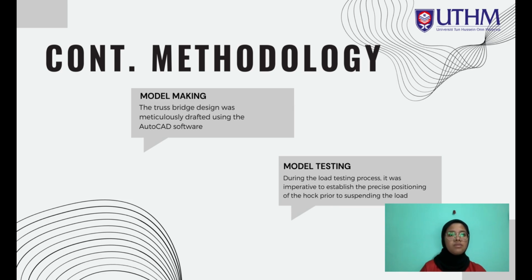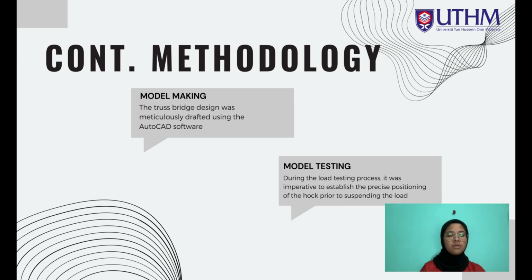Every structural element of the bridge was meticulously identified, labeled, and precisely trimmed to match the specific dimension outlined in the AutoCAD blueprint. By implementing this approach, we can effectively guarantee the precision of the positioning of every individual member within our truss bridge. Upon the completion of our truss bridge model, it was duly set aside for an approximate duration of 1 hour, thereby facilitating the complete drying of the adhesive.